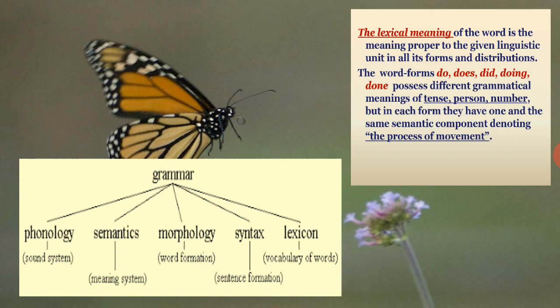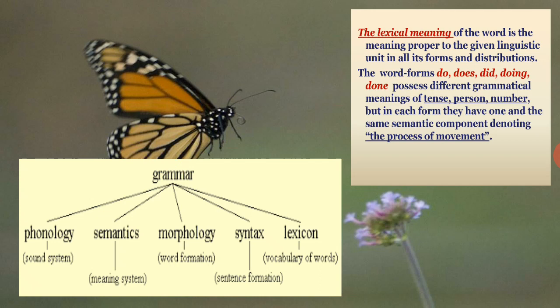Lexical meaning of the word has the meaning proper to the given linguistic unit in all its forms and distributions. The word forms do, does, did, doing, done. Some more examples: go, goes, gone, going.